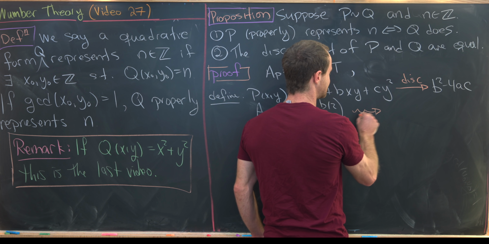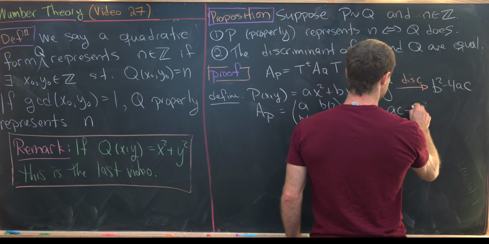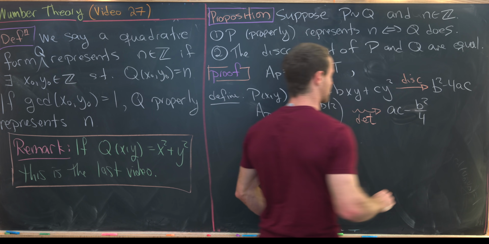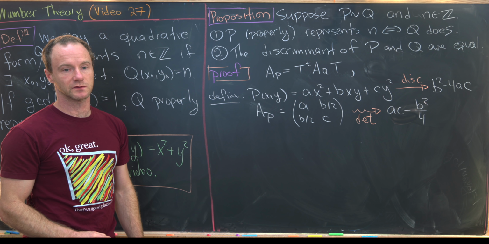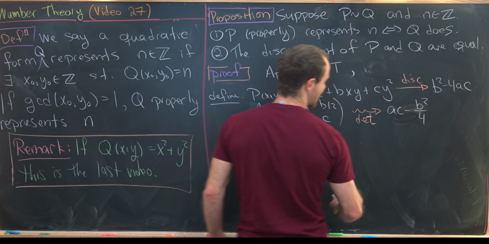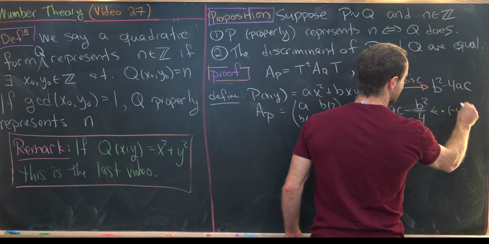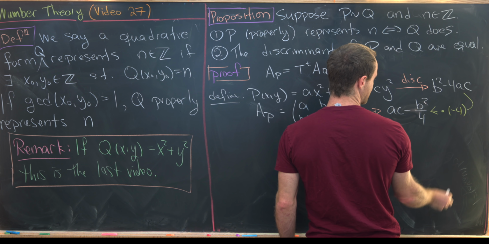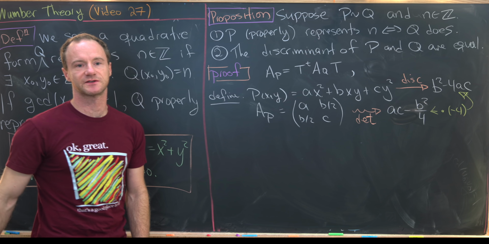So let's see what happens if we take a determinant of this matrix. Well, we'll get ac minus b squared over 4, just from standard determinant rules. But notice that if we take this guy right here and multiply it by minus 4, we get this one up here. That's our relation between these two objects.